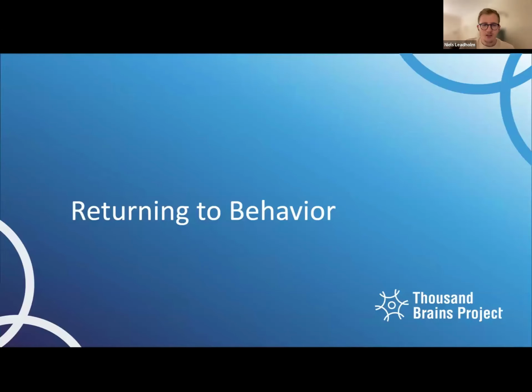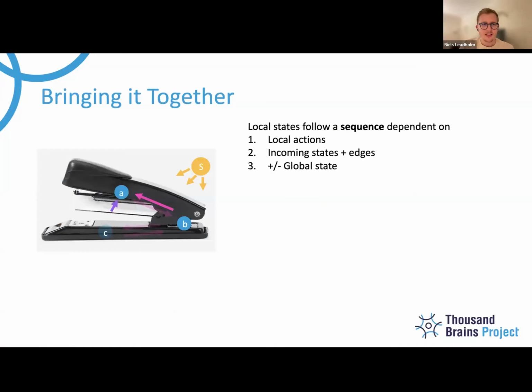So, going back to behavior and trying to bring this together. If we're looking at this model again, where the edges now represent more causal relations between these features, the local states associated with a feature or node are going to follow a sequence over time.